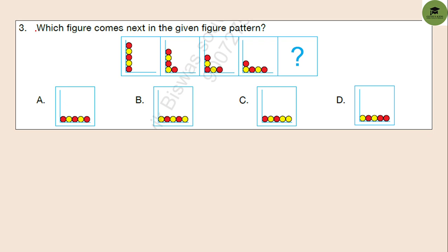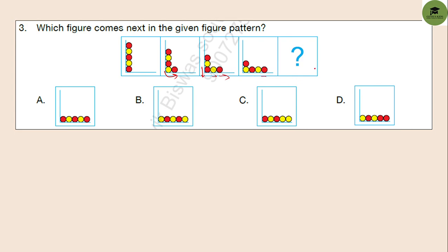Next one: which figure comes next in the given figure pattern? If you see the pattern in the first figure, there are 5 balls: red, yellow, red, yellow, red. In the next one, one red ball comes here and the yellow comes down. The third one again has a red ball, a yellow ball, and one red ball comes down. Similarly in the same way.